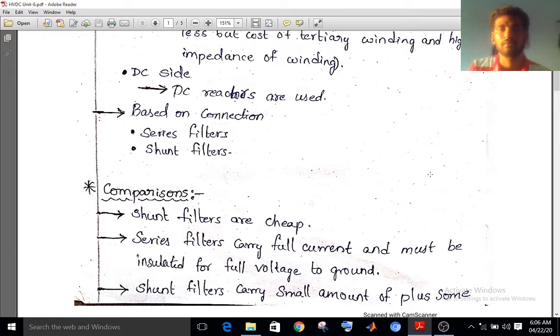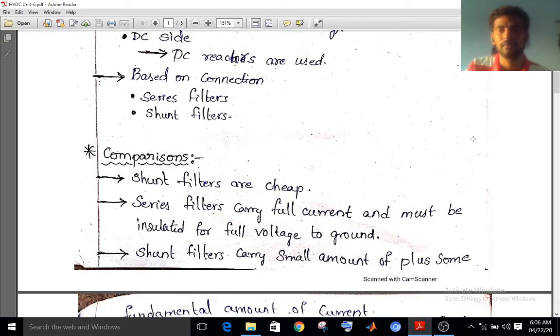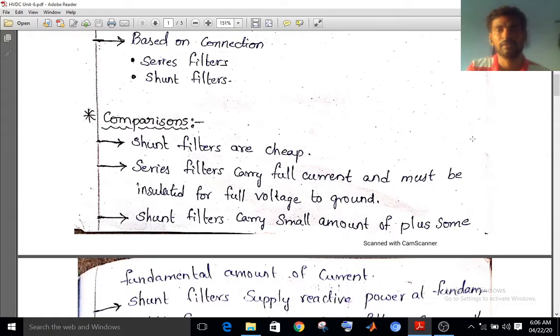In order to provide more insulation, it will require more cost. Whereas shunt filters carry a small amount of fundamental frequency current and some harmonic current.